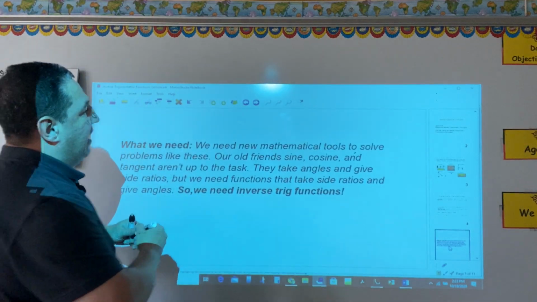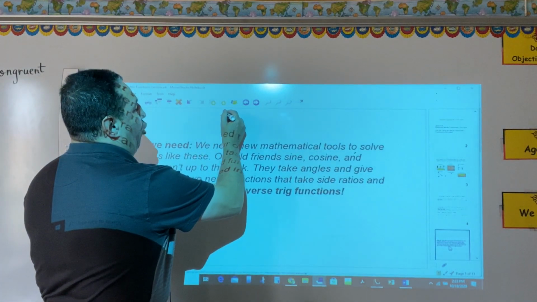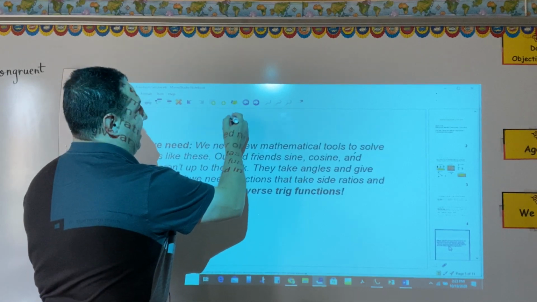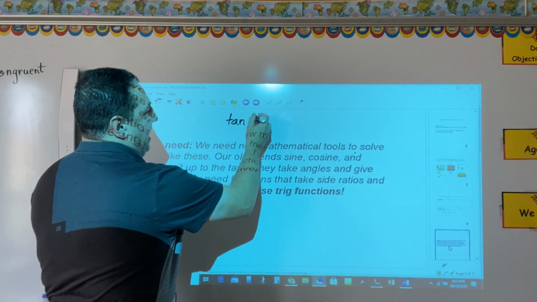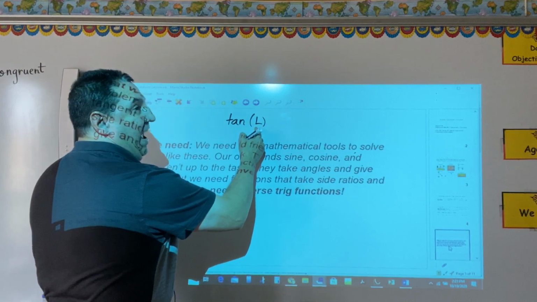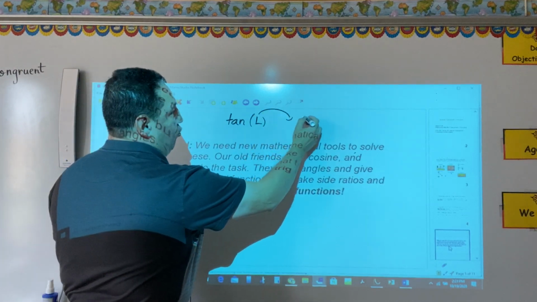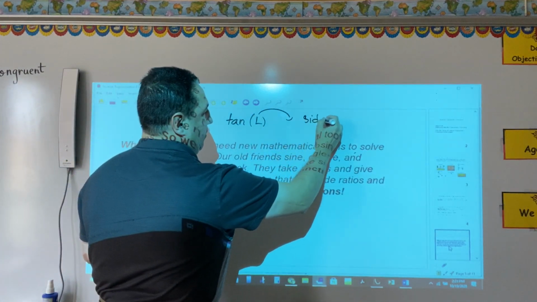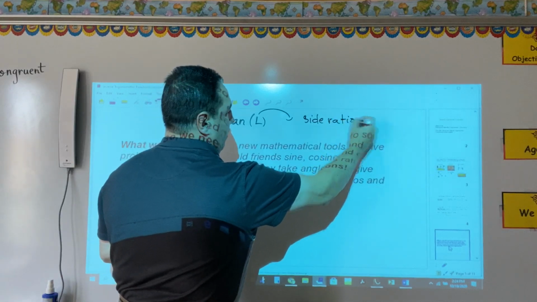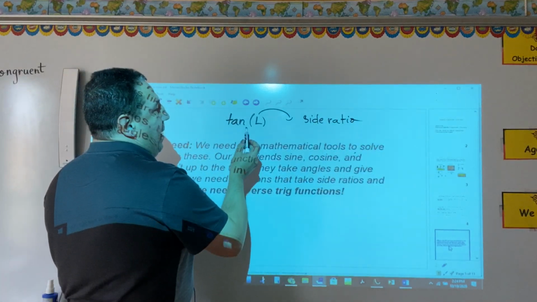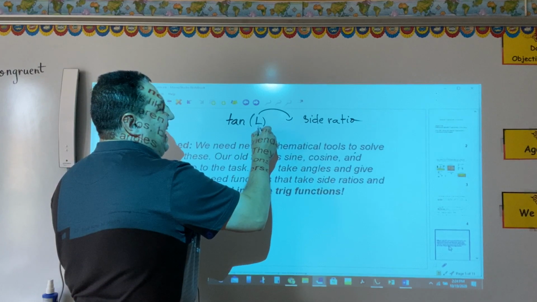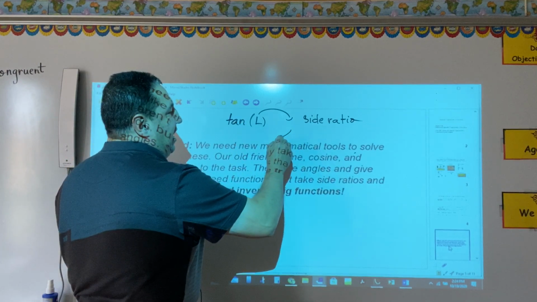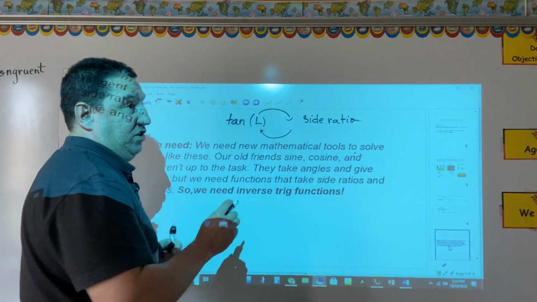A trigonometric ratio, like tangent, is applied to an angle and gives you the side ratio. Now, to find the angle, we need an inverse operation.